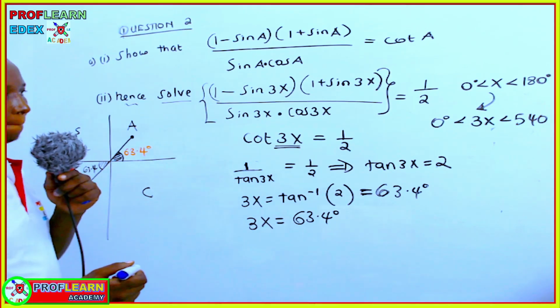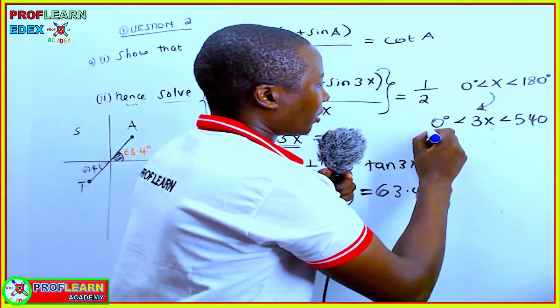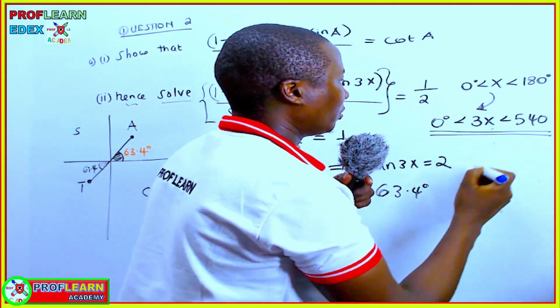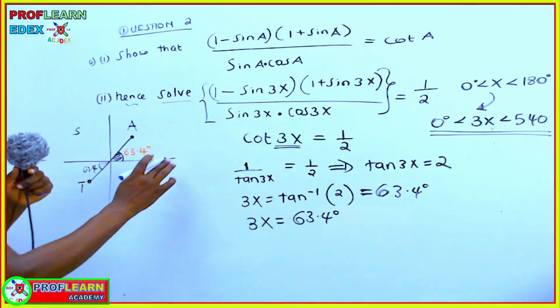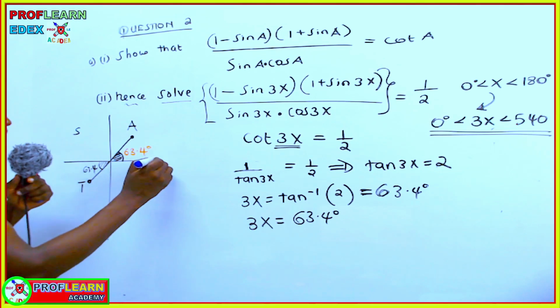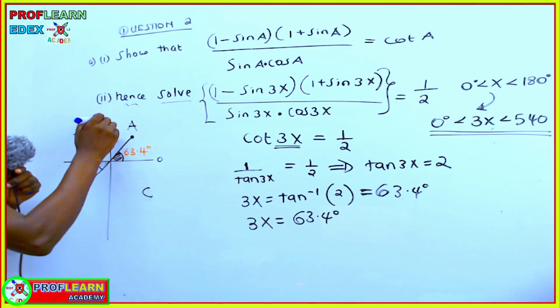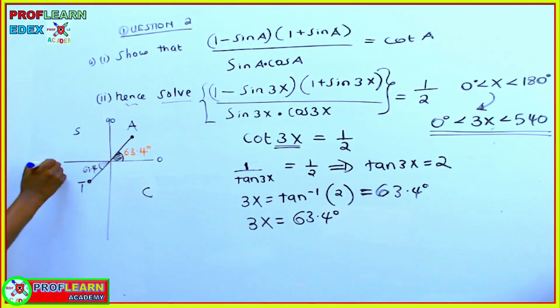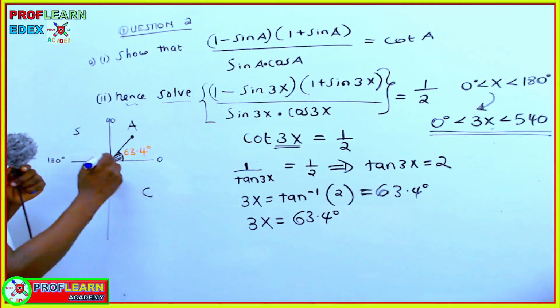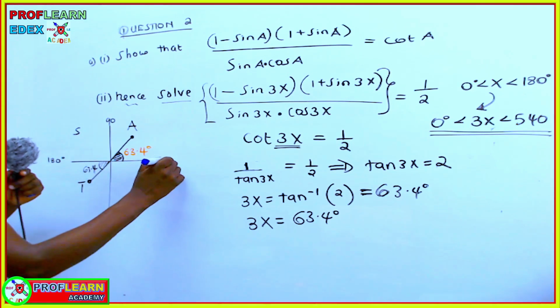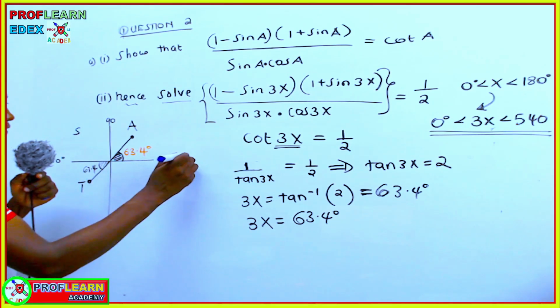We have said that our angle is going to run from 0 to 540. So this first point here is 0 degrees, this point is 90 degrees, and this point is 180 degrees. Once we go round, we arrive at 360 degrees.